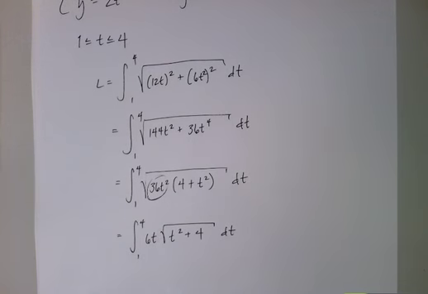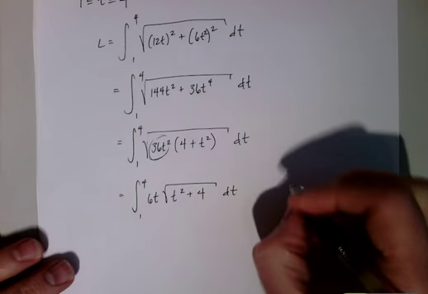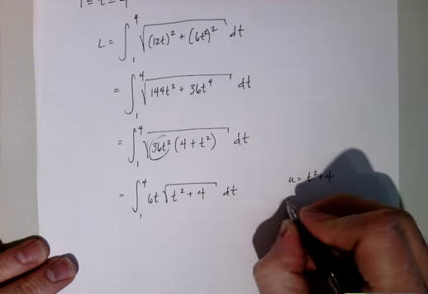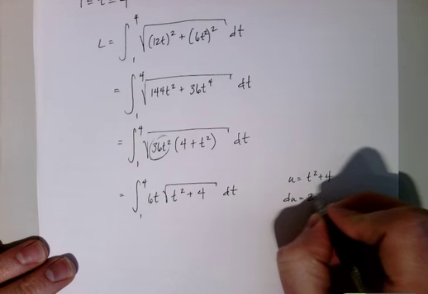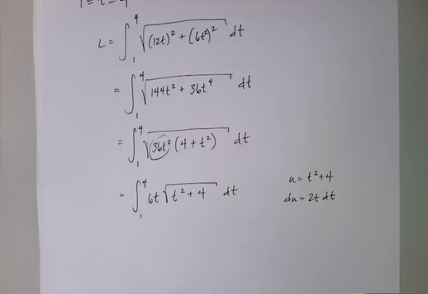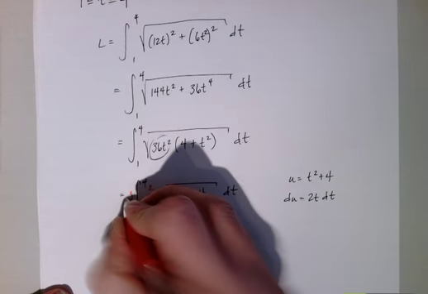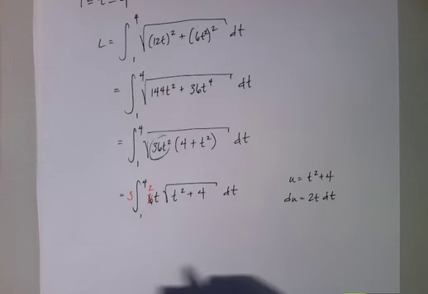And now this can just be done by regular u sub. Okay, u is equal to t squared plus 4. du is 2t dt. So we'll change this 6 into a 2 and pull 3 outside.